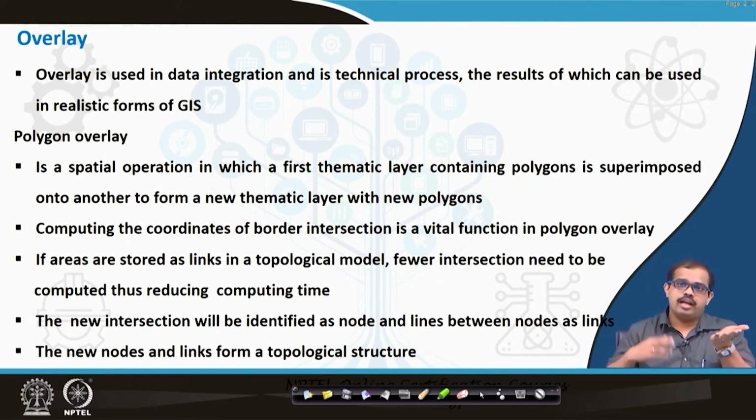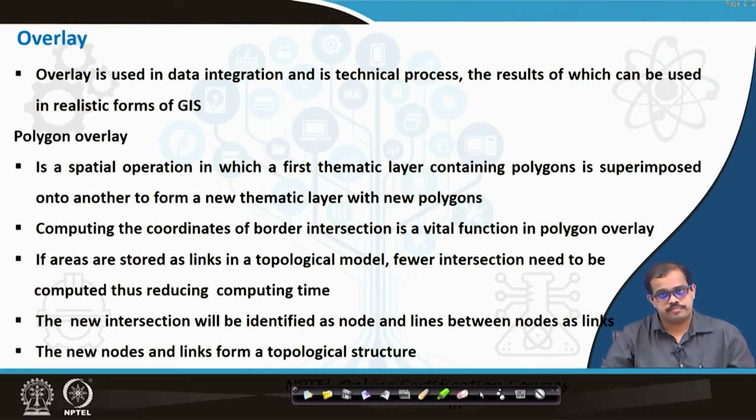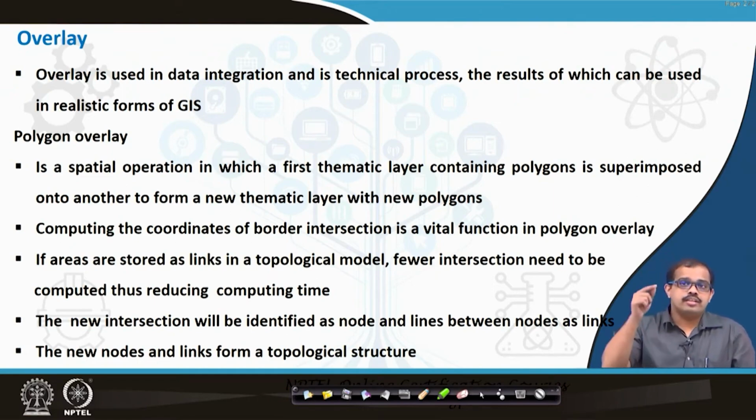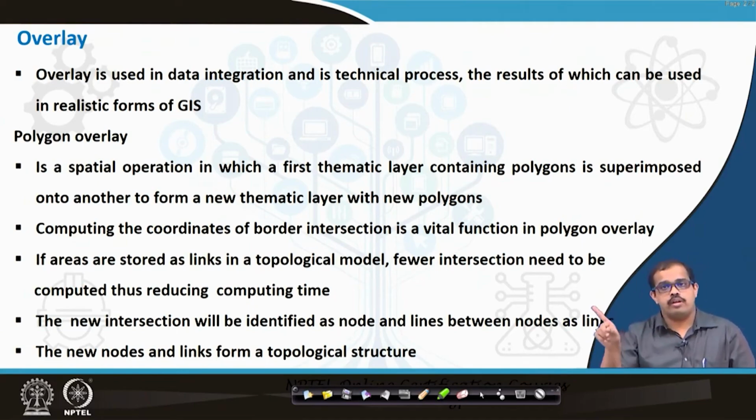I have another thematic layer where I have digitized all the buildings that are close to water bodies. So, now I have polygons as buildings in both the images, so it is a polygon on polygon overlay.